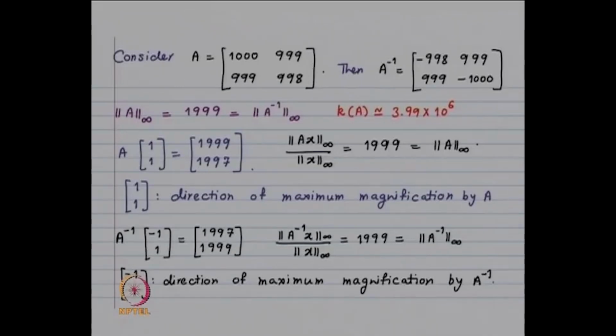So, the example which we considered last time, where the exact solution was 1, you perturb it slightly and then you get a solution which is completely different than the original solution. So, this example was constructed to illustrate the effect of ill conditioned matrix.